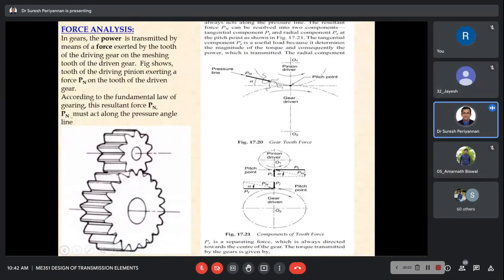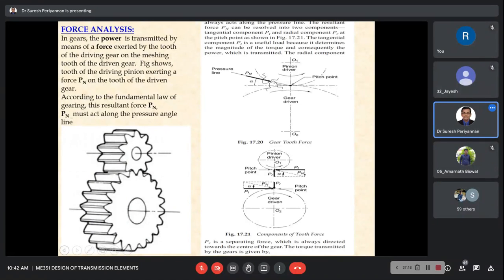Now, similarly, we are going to discuss how much force is acting on the teeth, because the teeth design is a very important, crucial part of the gear. It depends on how much force is acting in the radial direction and how much in the tangential direction.